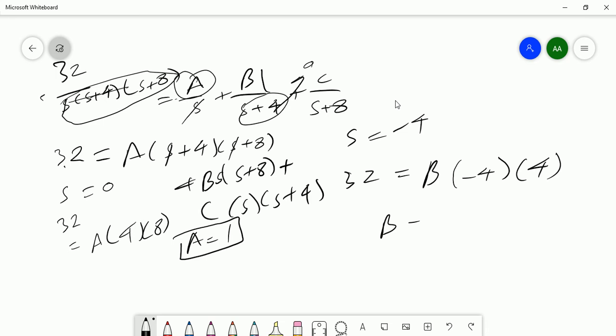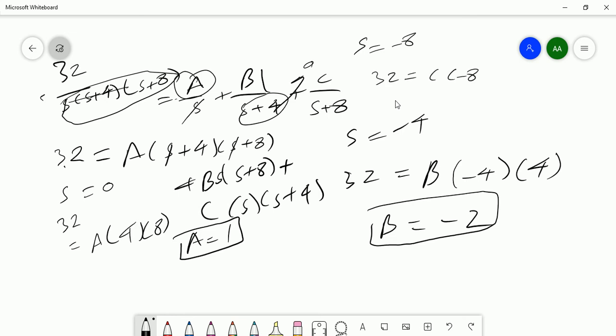So b will be equal to 32 over 4 into 4, that is 16, and 32 over 16 is 2, so b will be minus 2. And what will be the c? Put s equal to minus 8, you will get c into minus 8 and minus 4.